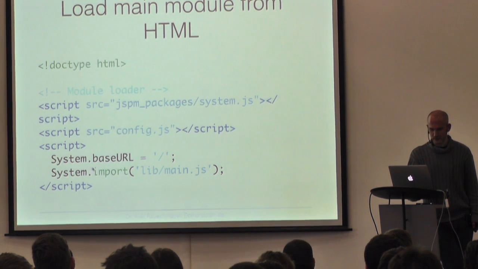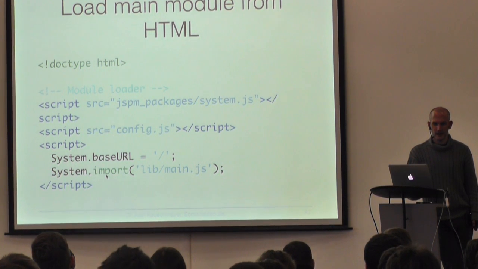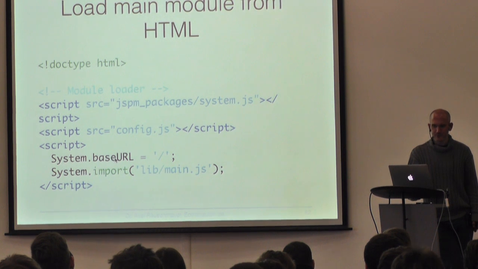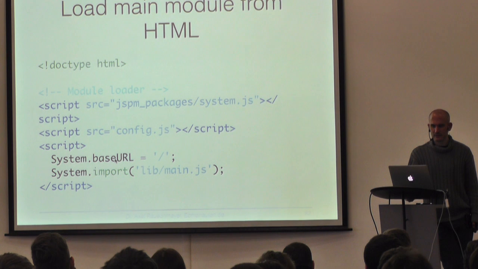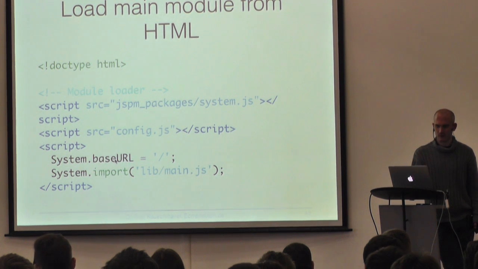So this is where things start, and this is where you import the main file, and that's it. And other than that, you're staying in pure ECMAScript 6, and you can decide if you want to compile on the fly at runtime, or if you want to have it as a build step that compiles it beforehand.